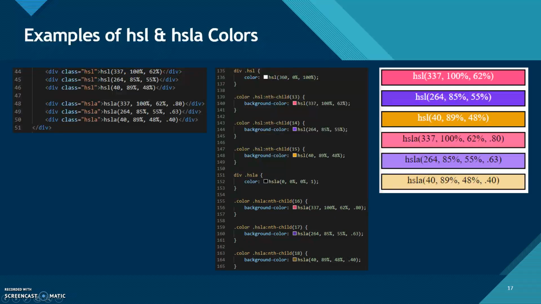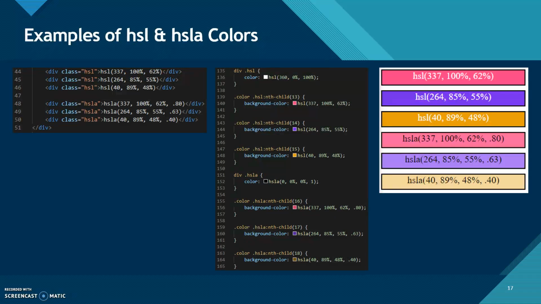Same thing with HSL and HSLA. HSL stands for hue, saturation, and lightness. And the same thing with the A is the alpha, or the opacity. If you think about it like a color wheel, you have 360 degrees. That first value, the hue, is going to be a degree on that color wheel.